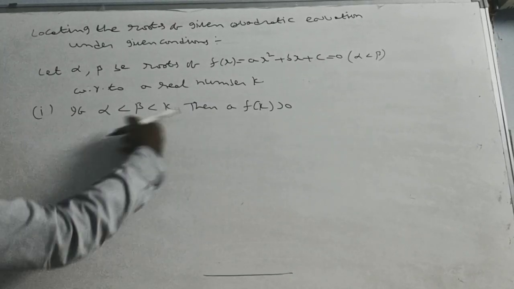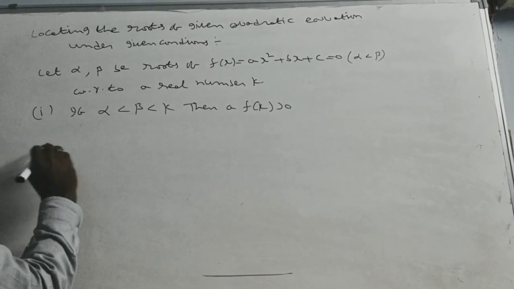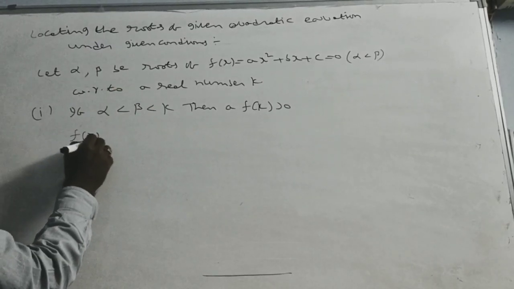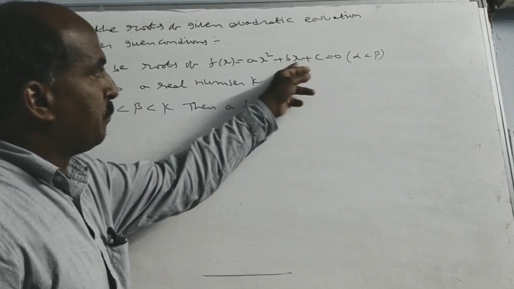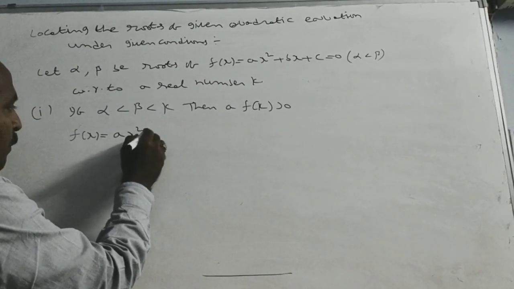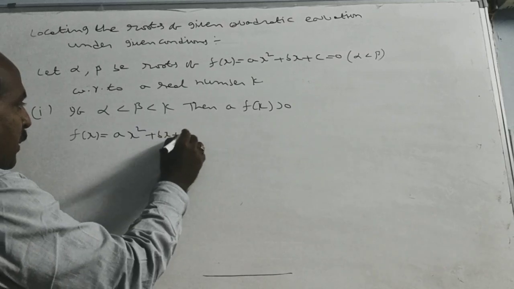Derivation for this result is, we know that f of x equal to ax square plus bx plus c.